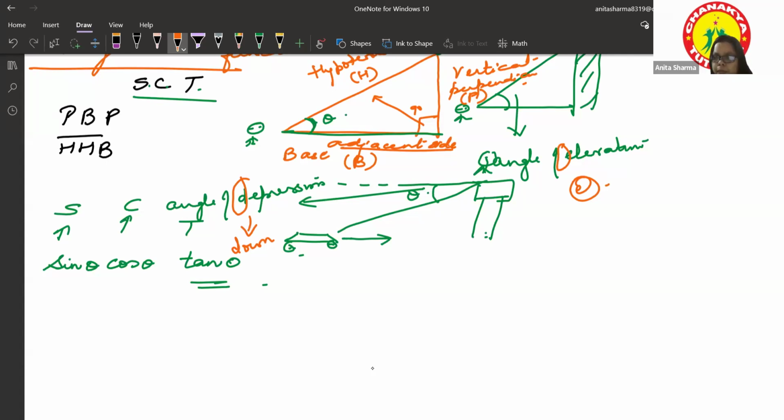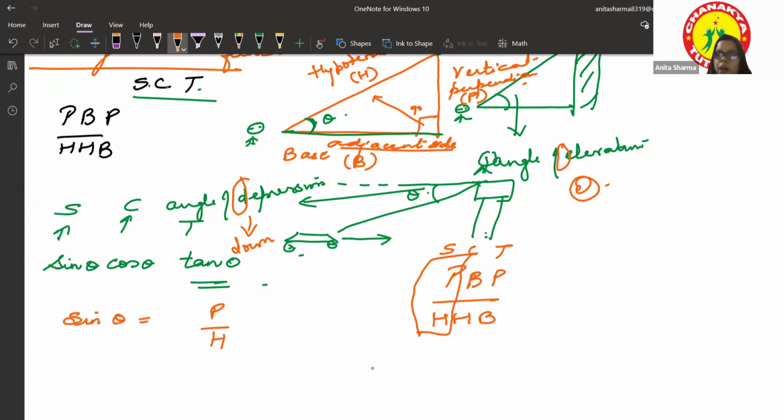So now, sine theta. We have Pandit Badri Prasad har har bole. The first ratio, P by H, goes to sine theta. So sine theta is perpendicular upon hypotenuse.